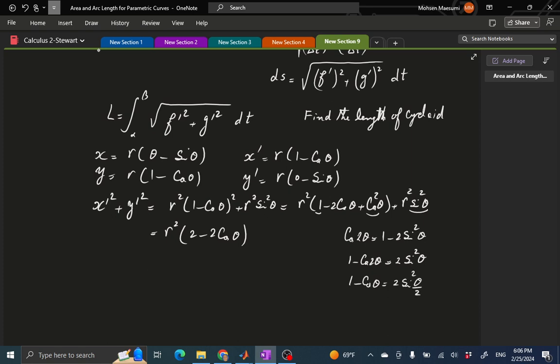So I can write this in r squared, multiplying this by 2, it becomes 4 times sine square of theta over 2.